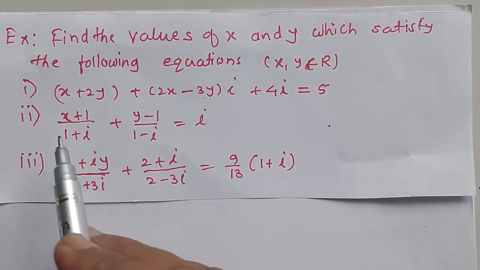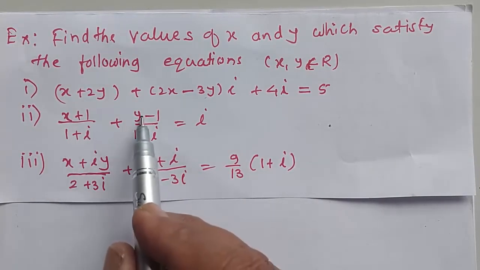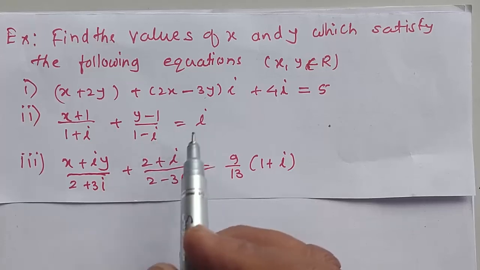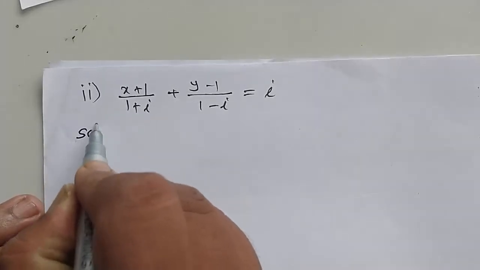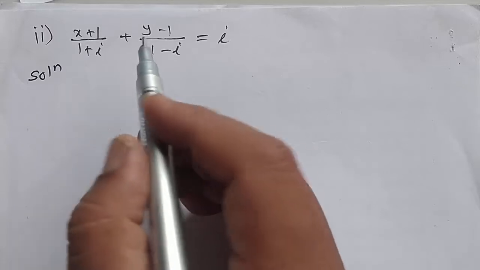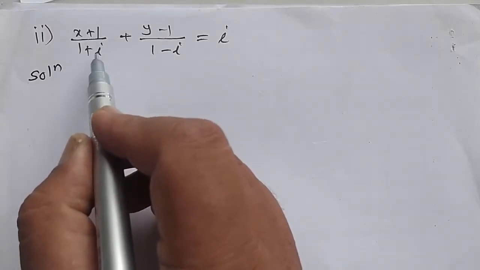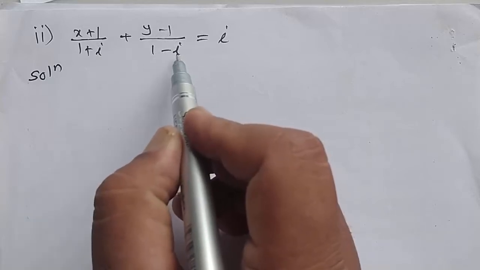The second example: (x + 1)/(1 + i) + (y - 1)/(1 - i) = i. Solution. The denominator of the first term is 1 + i and the denominator of the second term is 1 - i.